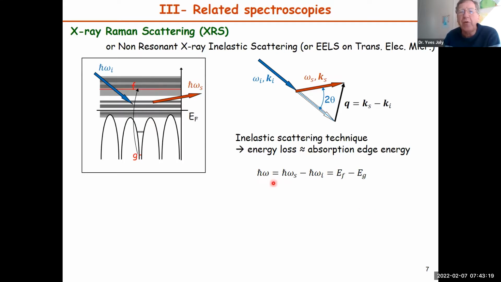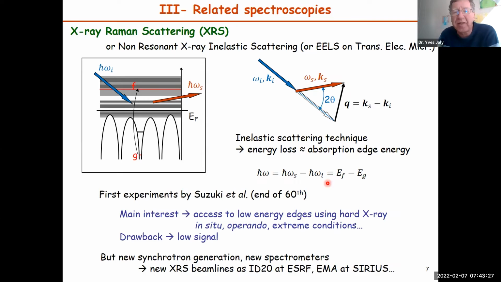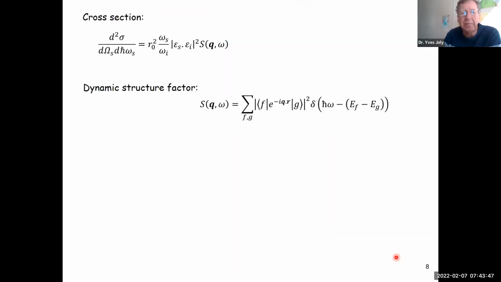If you vary this difference in energy, you go through the whole edge, and you can demonstrate that at the end, the outgoing intensity is related to this classical edge we can see. It was discovered a long time ago. It can also be recorded at the ESRF on ID20.